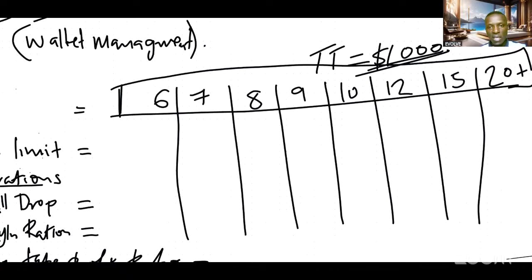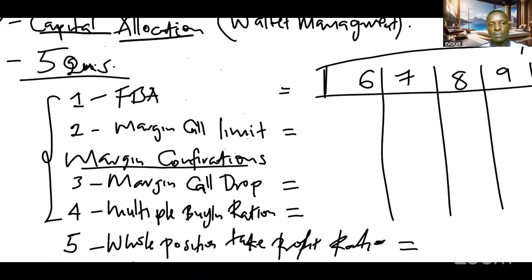Let's take for example, we want to trade a coin. Now, this is very important: margin call limit. For us to get the first buy-in amount, how many margin calls we want to have can determine the first buy-in amount.